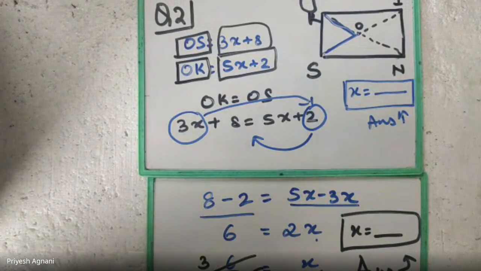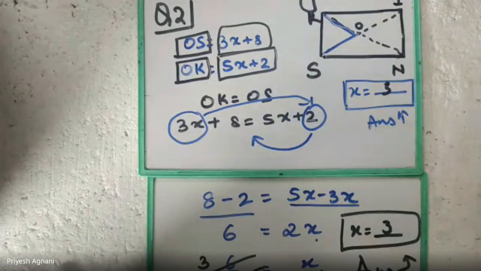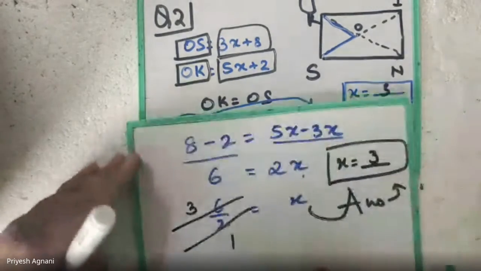The answer is equal to 3. 6 by 2 is equal to 3. मैंने लिख दिया है. x is equal to 3.